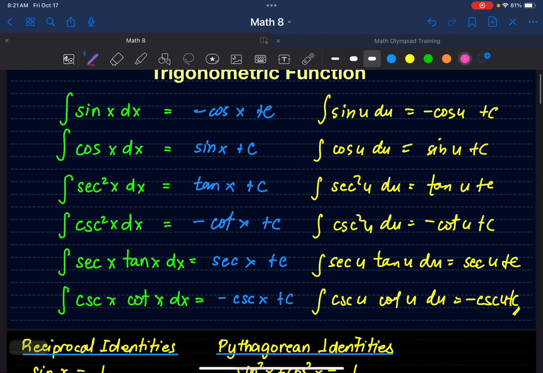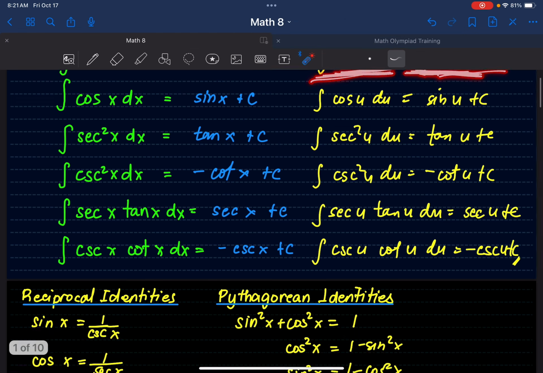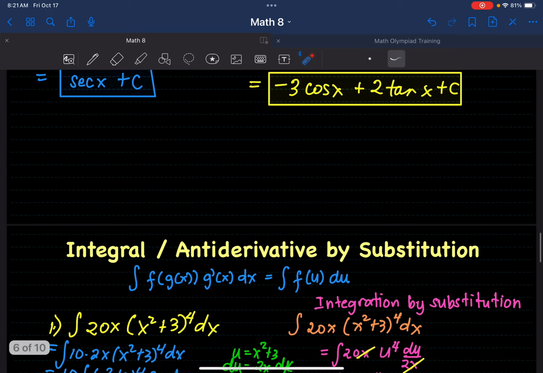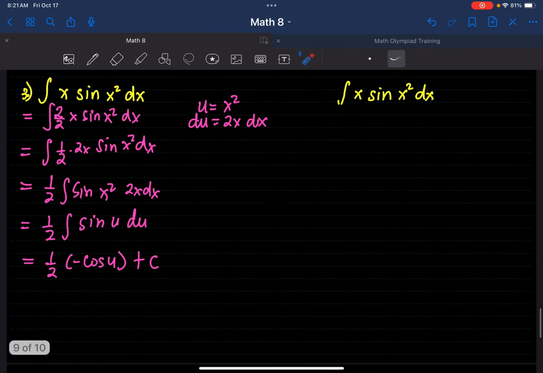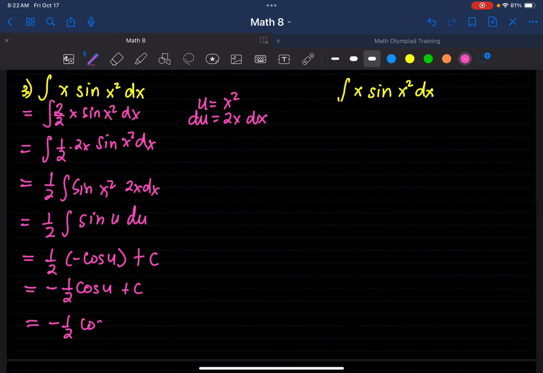The integral of sine u du is negative cosine u plus c. Let's simplify. This will become negative 1 half cosine u plus c, or negative 1 half cosine x squared plus c.